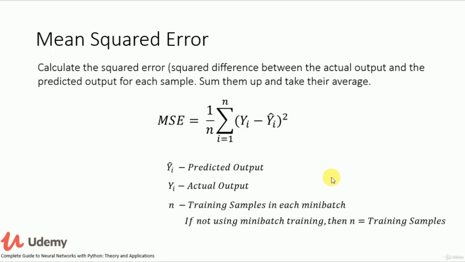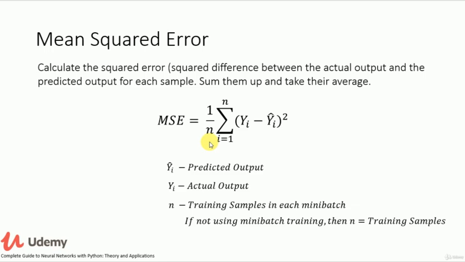Now, if you're using mini batch training, for example if you have 1000 training samples and you're using a batch of 100, that means you need to iterate 10 times. In each iteration there are 100 samples, so n is 100. If you're not using mini batch, then you're taking all your samples at once, so n is just the number of training samples.